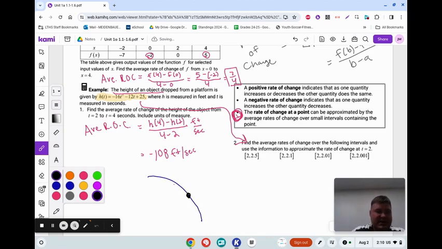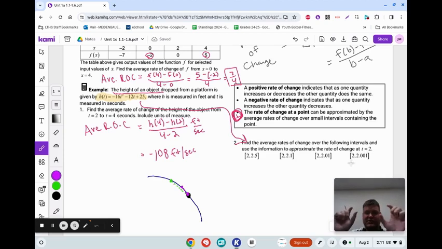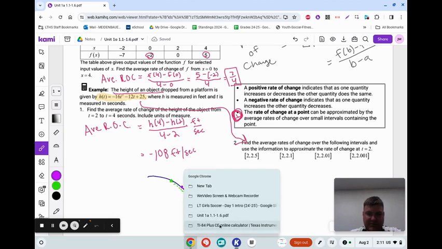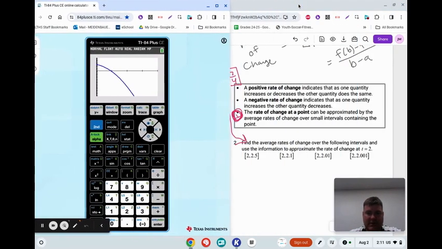Well, in order to do that, I need to estimate the rate of change from here to here. That's going to give me an estimate in green. Now, if I can get 2 points in purple that are closer on the graph, that's going to give me a more accurate rate of change. So all I'm doing for this problem is finding 4 different rates of change as those intervals get smaller and smaller and smaller. So let's go back to our handy dandy calculator here.